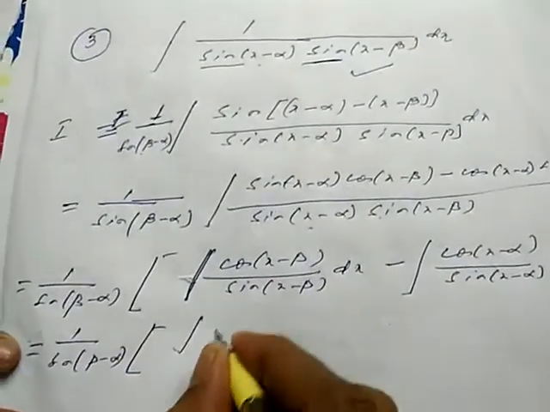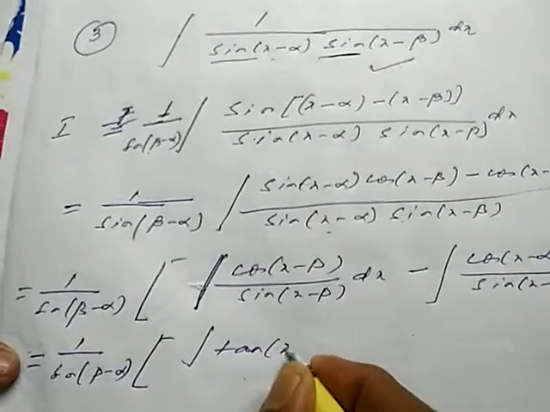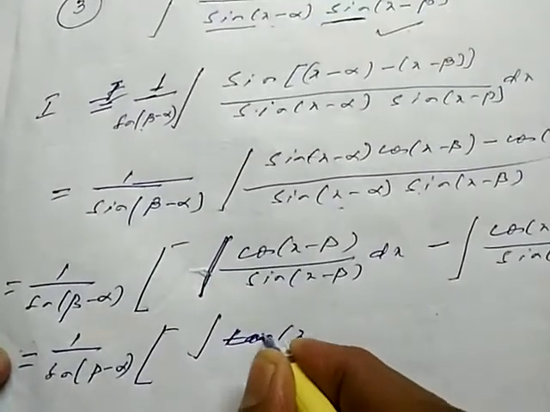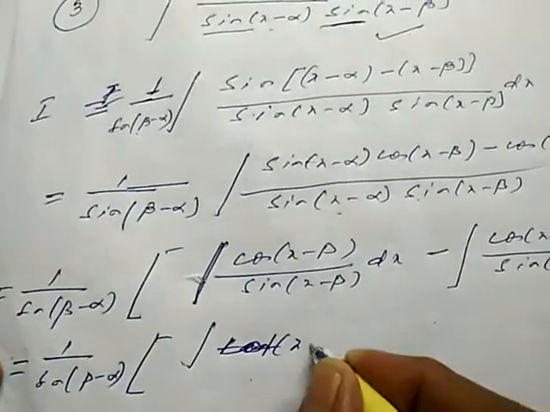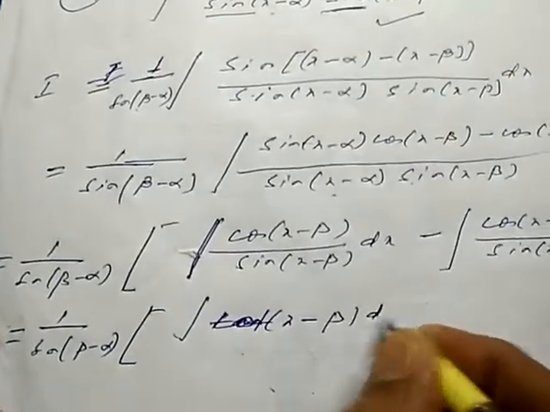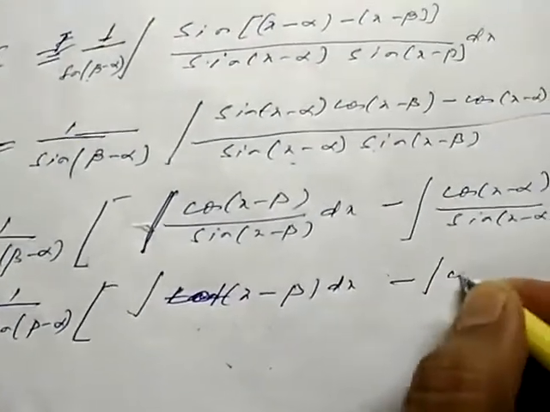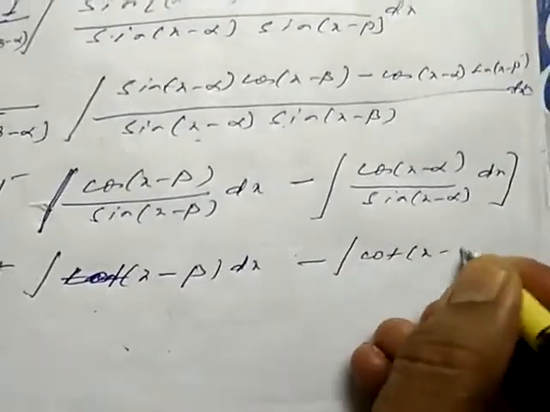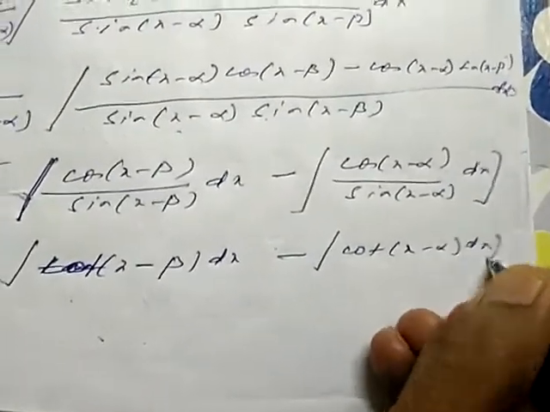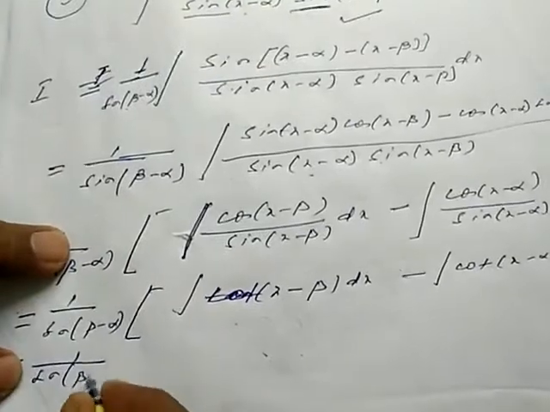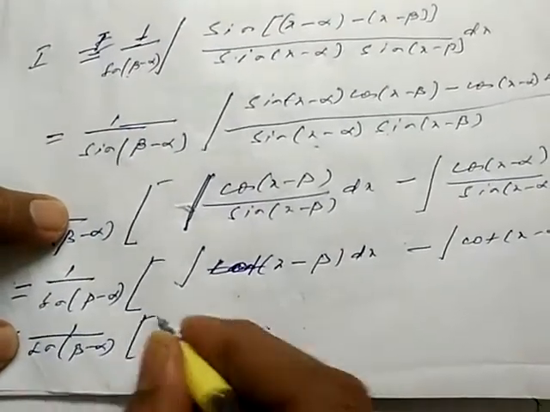This will be tan, no, this is cot of (x minus beta) dx, and this is also cot of (x minus alpha) dx, and for both there is 1 upon sin(beta minus alpha).